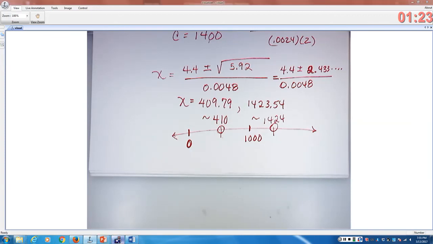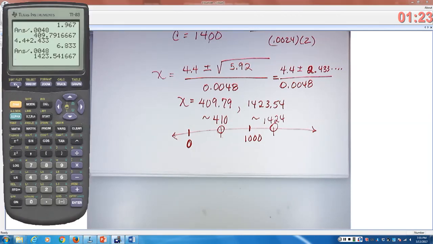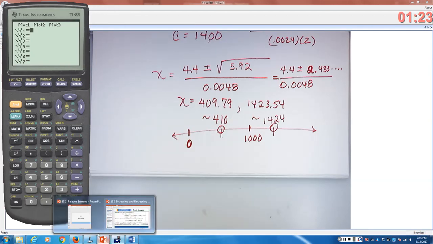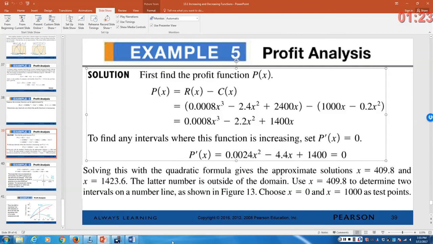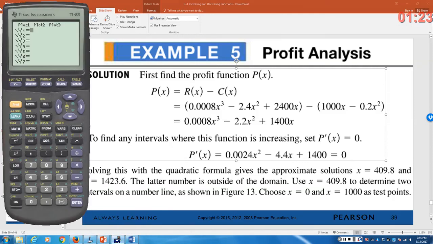And at this place, here again, I want to use my calculator. But I'm feeling lazy now. So I'm going to put the original function in, because I want to know how much profit I'm going to make at the end.